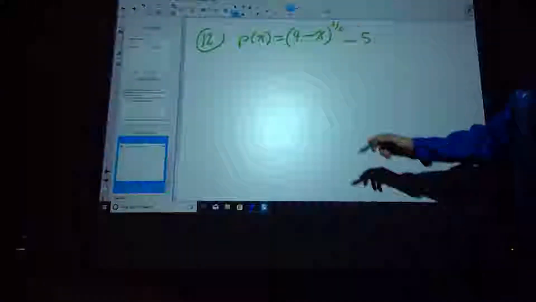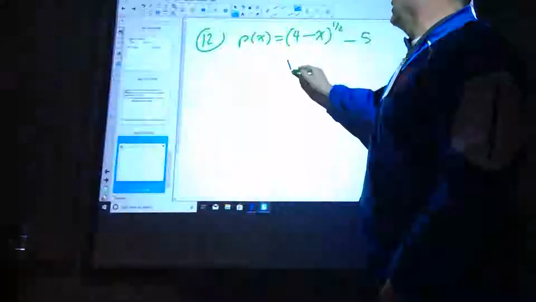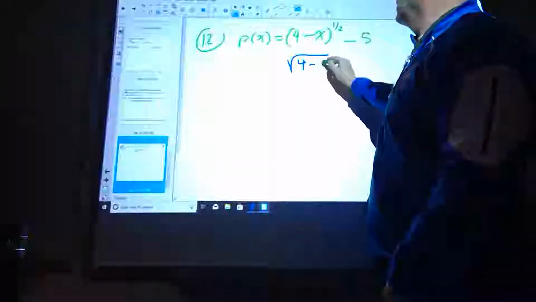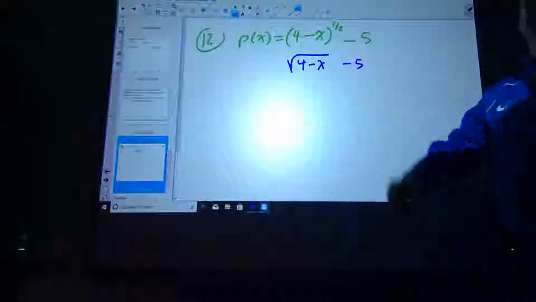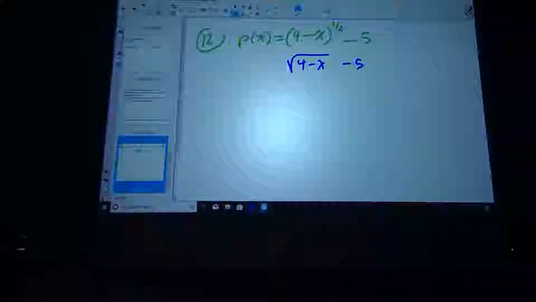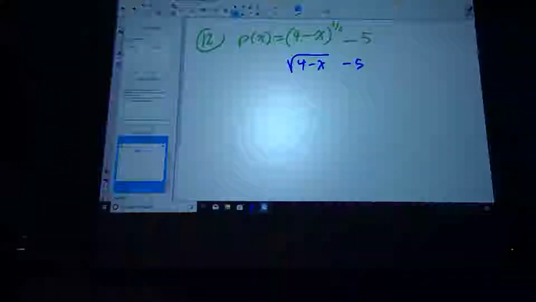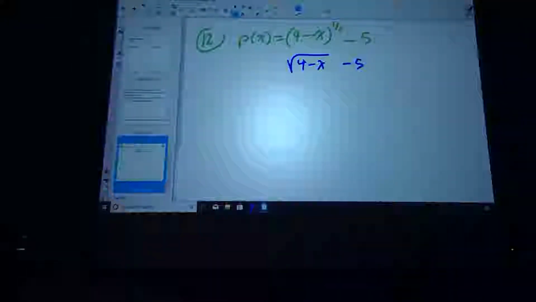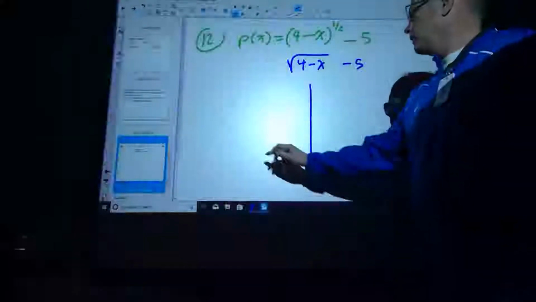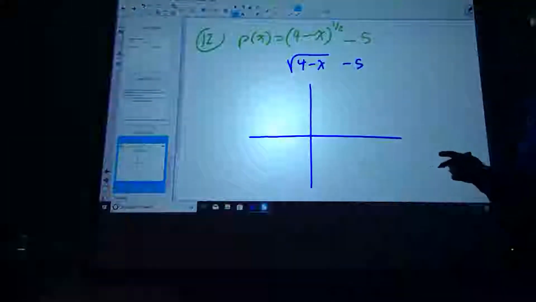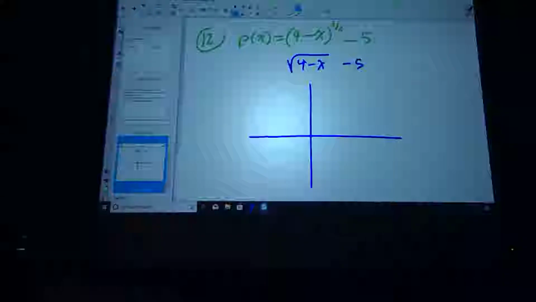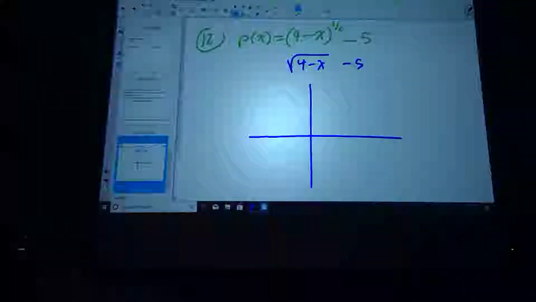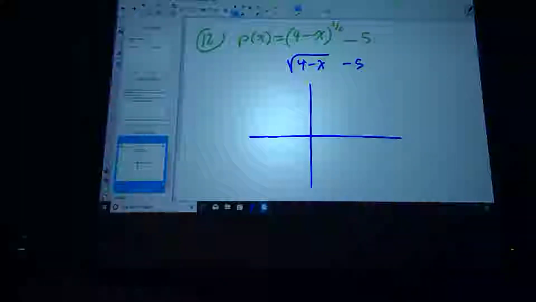All right. So things that you should be able to recognize. Is that okay? Yep. So we want to think about what this graph is doing. Where's my starting point? What can I plug in for x to make the expression under the radical equal to 0?